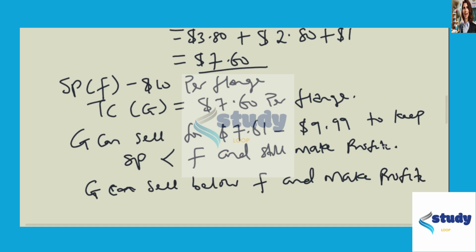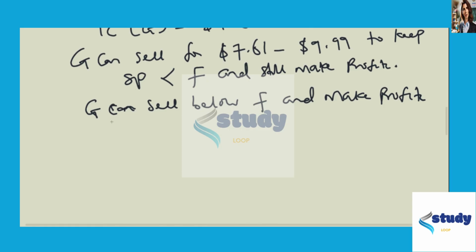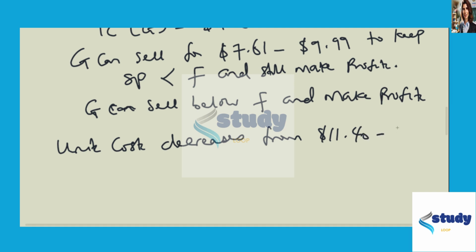Now the unit cost decreases from $11.40, as we did, to $7.60 because the fixed cost and period cost remain the same regardless of the number of units produced.